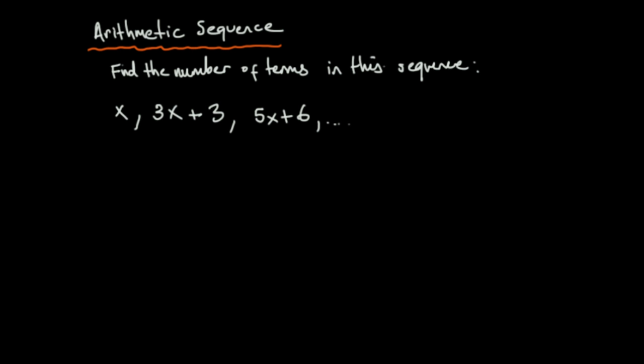Then you have dot dot dot, and then the very last term, because they've got to give it to you, otherwise you can't find the total number of terms. The last term is 19x plus 27. Full stop. The full stop indicates that that's the last term. And this is your sequence.